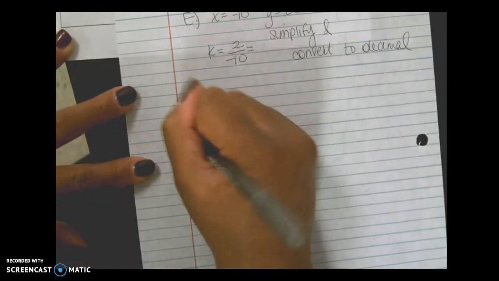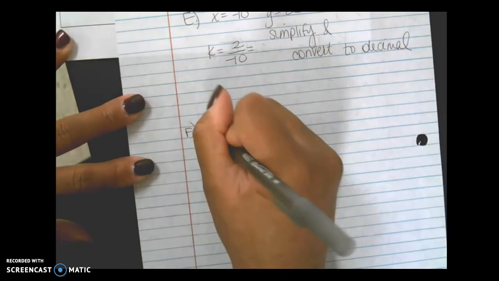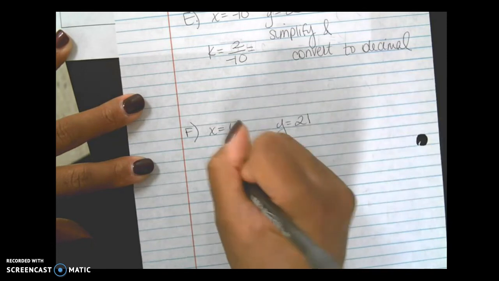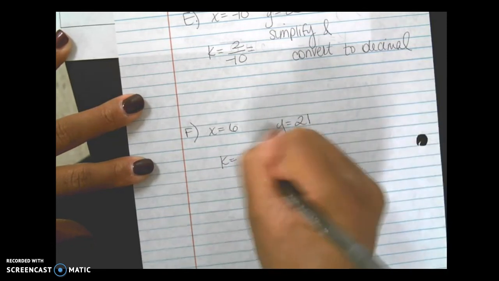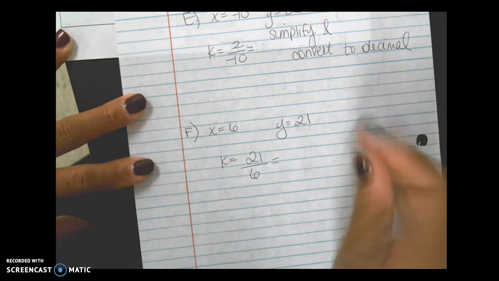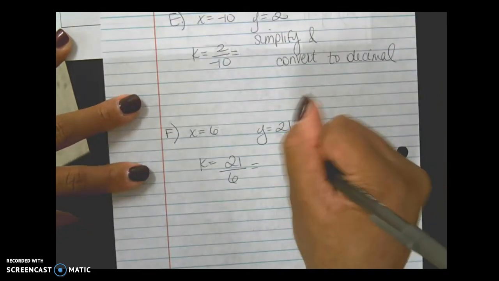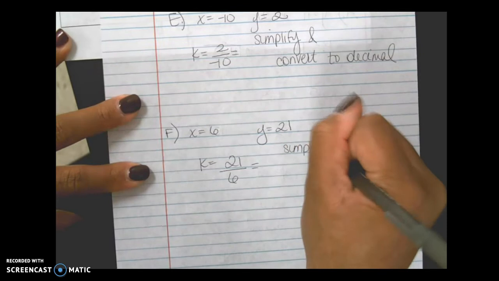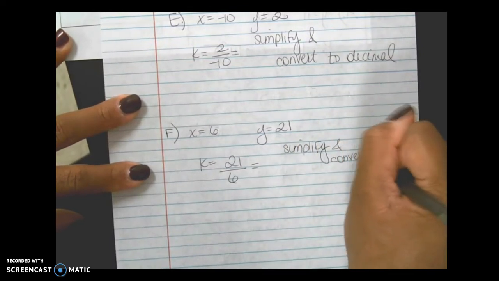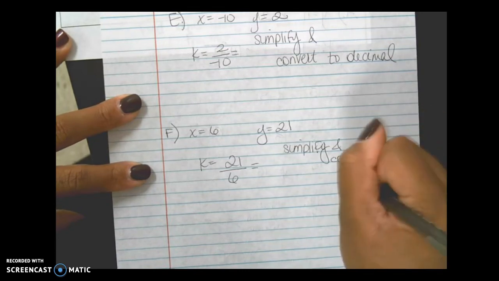And letter F, x equals 6, y equals 21. K equals 21 over 6. You need to simplify and convert to a decimal.